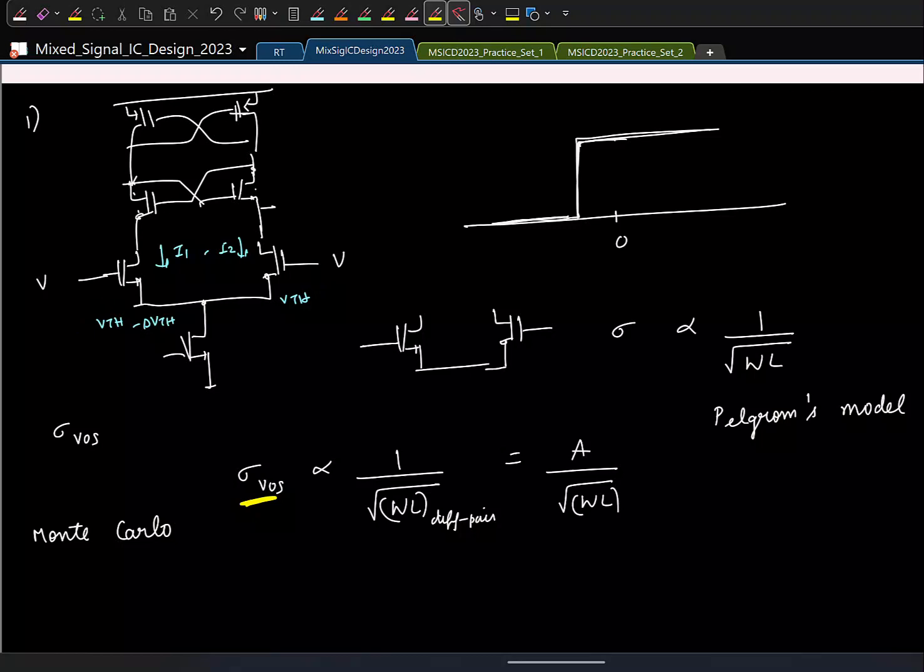Okay. But sometimes you might find that, let's say your specification is very stringent, or let us say in your process there is a lot of mismatch, then the required device area might be unrealistically large, right? I mean, let us say if I keep increasing the size of these devices, what will happen? The capacitance here increases. So what happens? Not delay. I mean, if you think about it, where is this node?